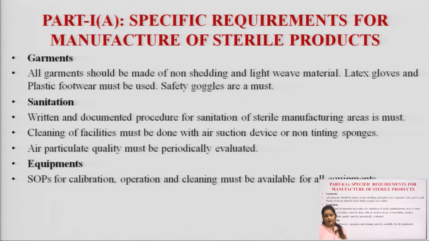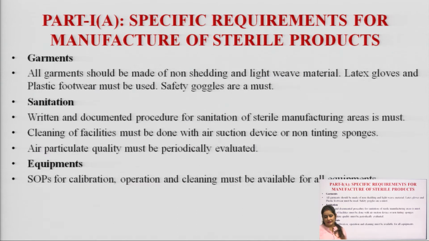Now, talking about sanitation, a written and documented procedure for sanitation of the sterile manufacturing area is important. Sanitization is most important to keep the sterile manufacturing area free from contaminants. Documentation is also necessary: how, when and how periodically the sanitation is done.